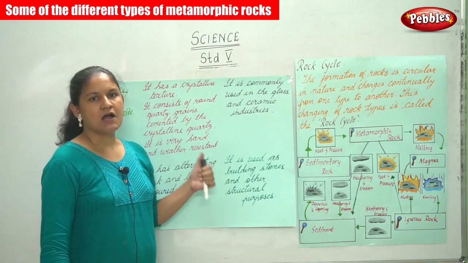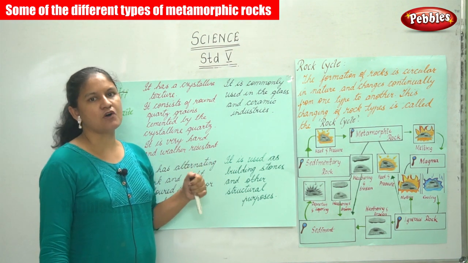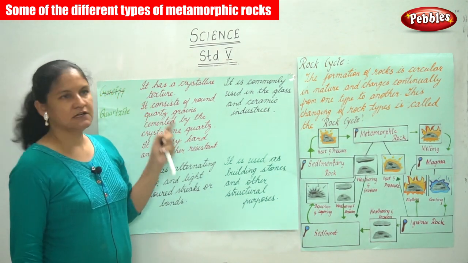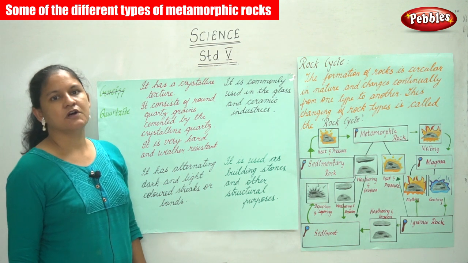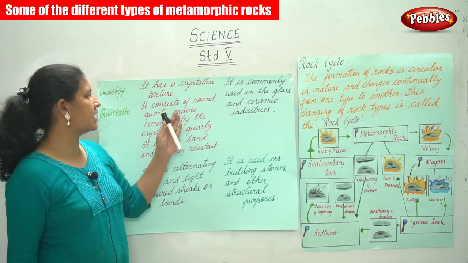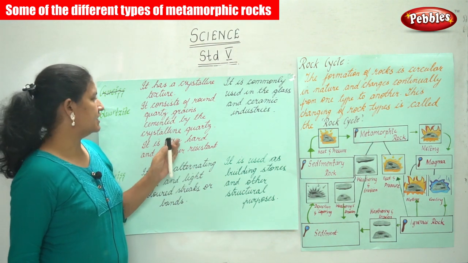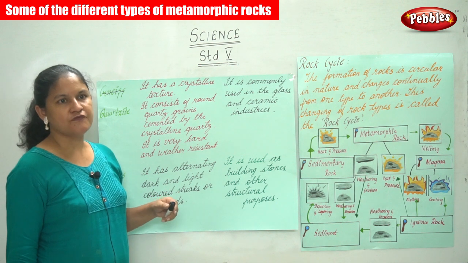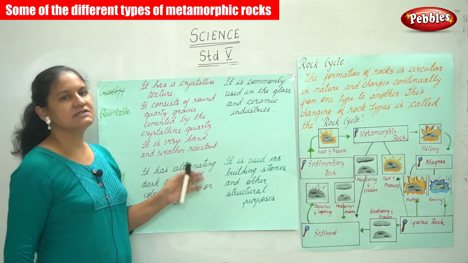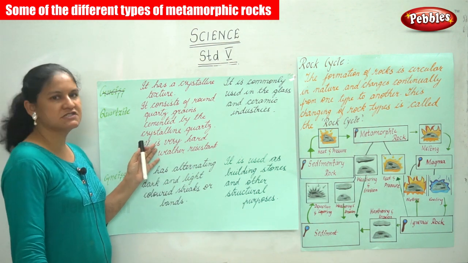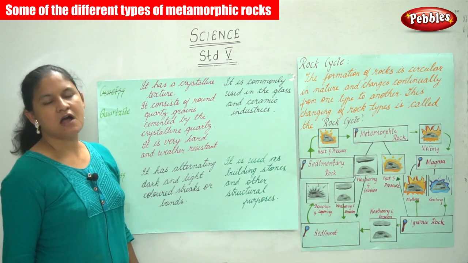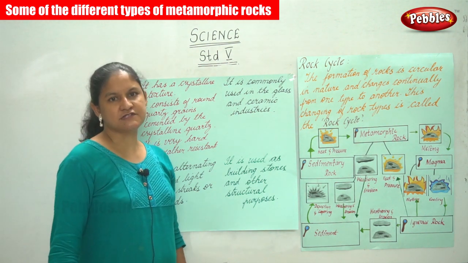Talking about the next type of metamorphic rock, quartzite: it has a crystalline texture and consists of round quartz grains that are cemented by crystalline quartz, and it is very hard and weather resistant.